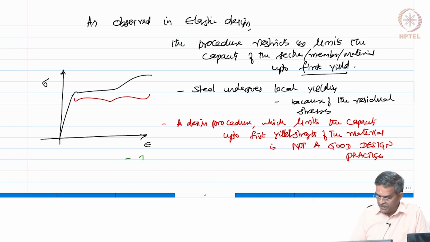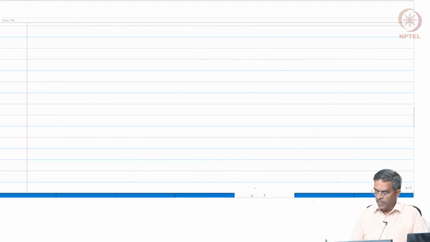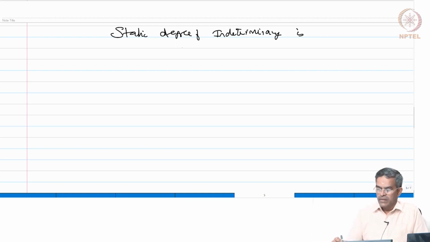The design procedures used to restrict the strength up to yield and used the redundancy of the geometry as reserve energy. You know, static indeterminacy is a redundant strength in the structural system.